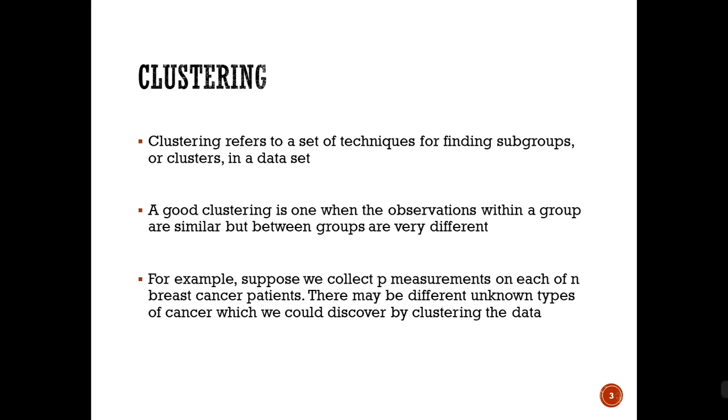And in a lot of cases, the way we decide to cluster, the way we decide on what's similar or different, depends on the context. So clustering looks for homogeneous subgroups of the observations.